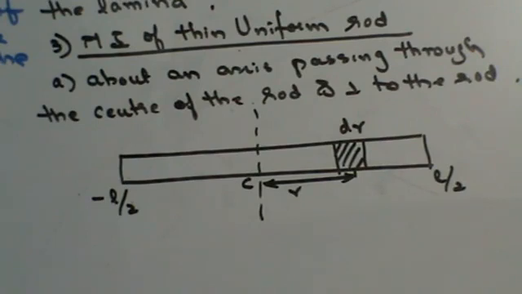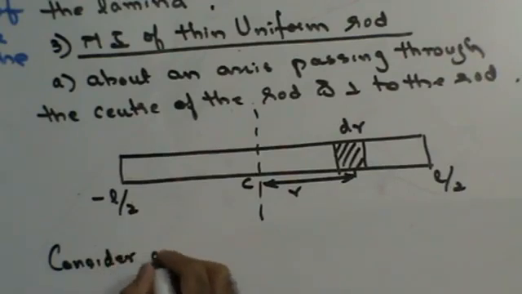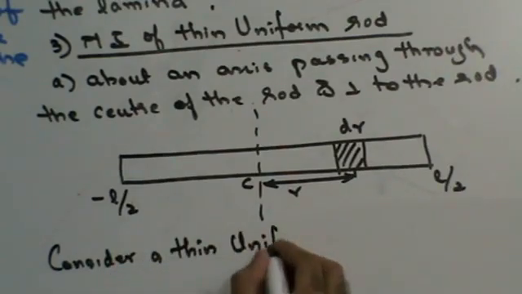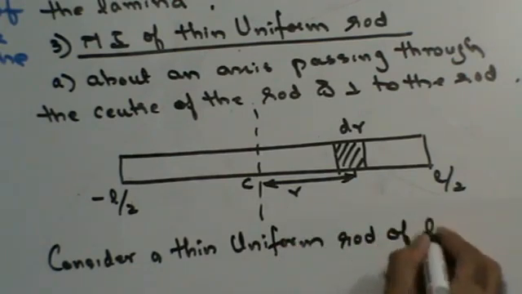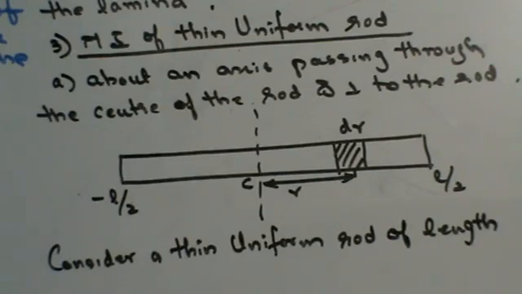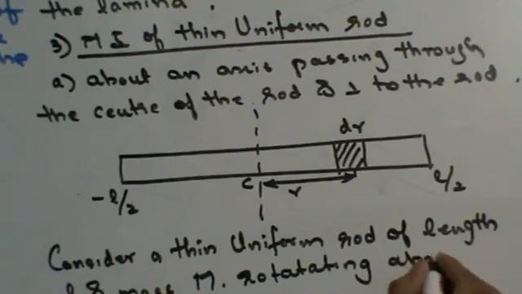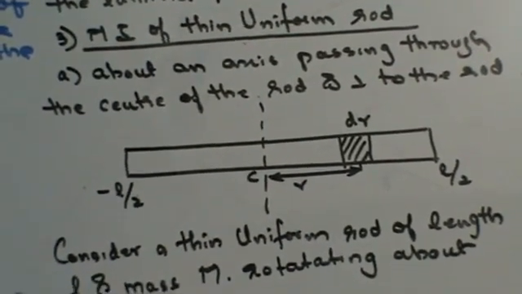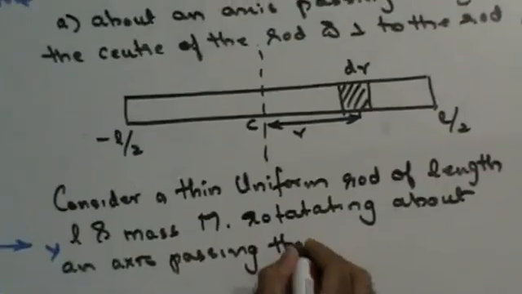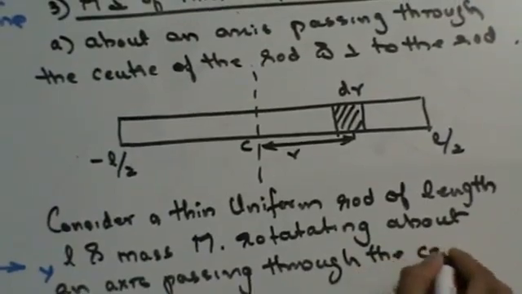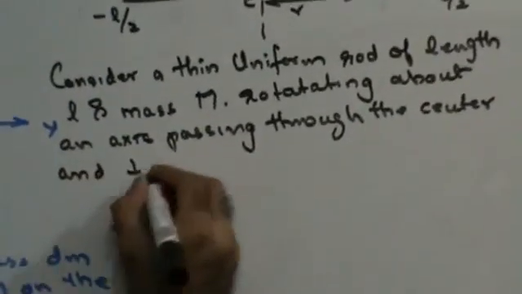Okay. So, let's see how do we do this. Consider a thin uniform rod of length L and mass M, rotating about an axis passing through the center and perpendicular to the rod.